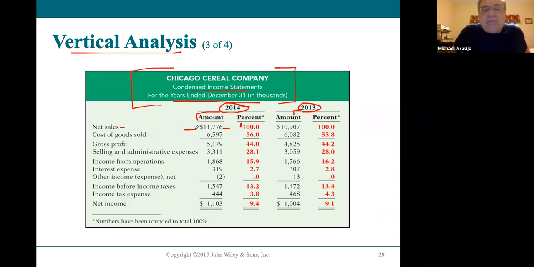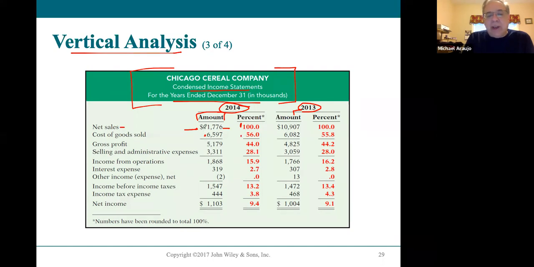Okay. So cost of goods sold in this case, and I'm only looking for the 2014 numbers here, $6,597 of cost of goods sold on $11,776 of revenue is 56% of your revenue is cost of goods sold. Are we okay with that?